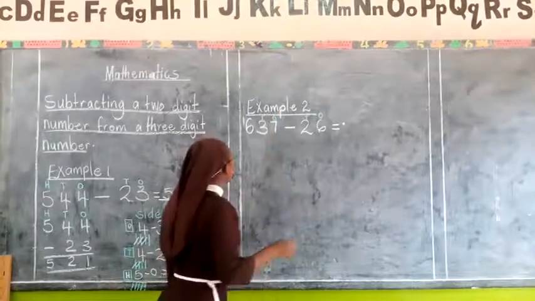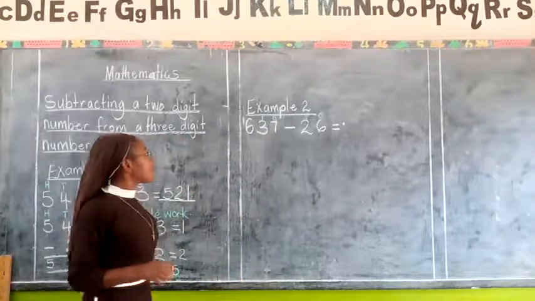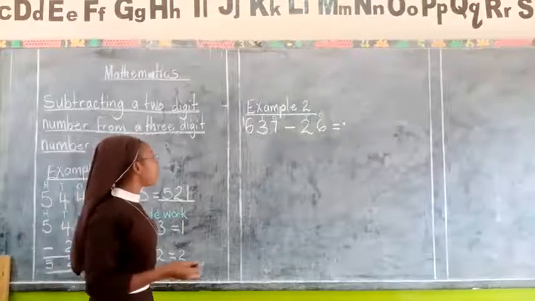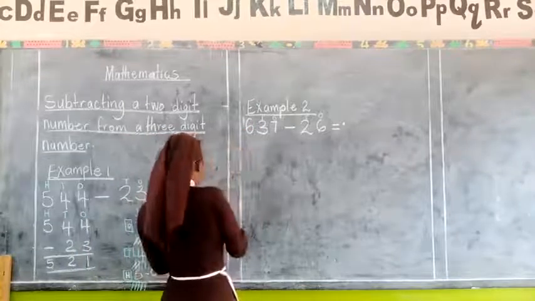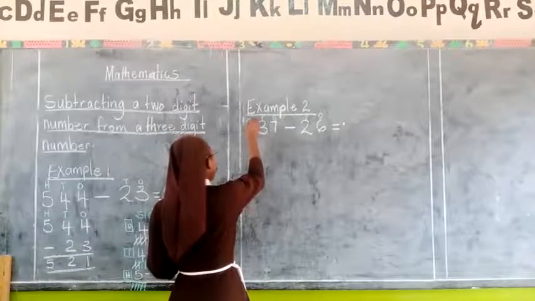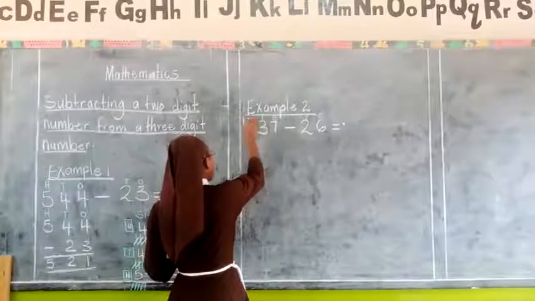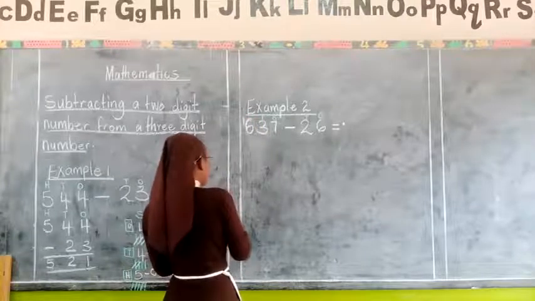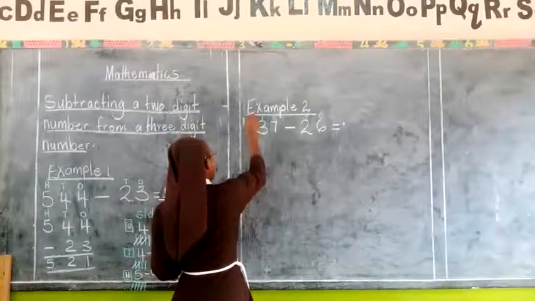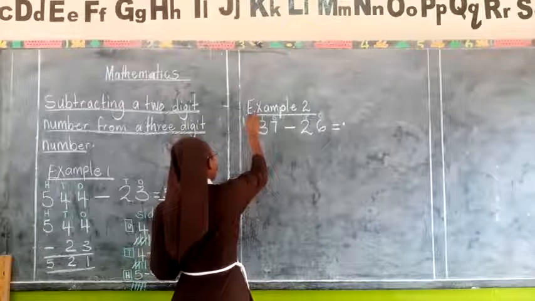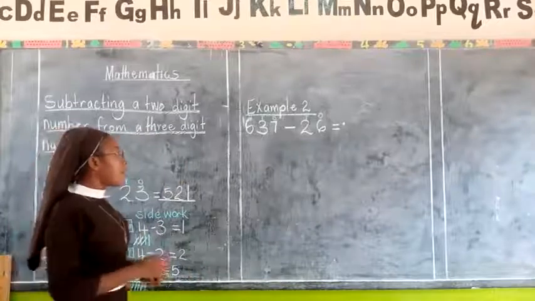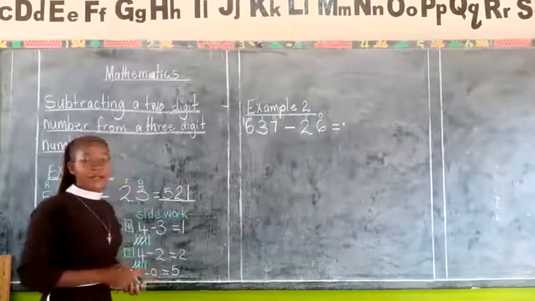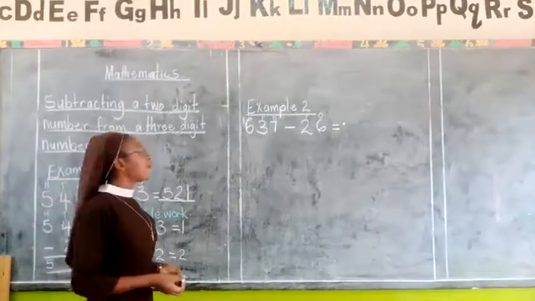My dear friends, our last place value that we are remaining with is the hundreds, and hundreds is represented by capital H. So we shall write our capital H there. Good. We have finished marking our place values.